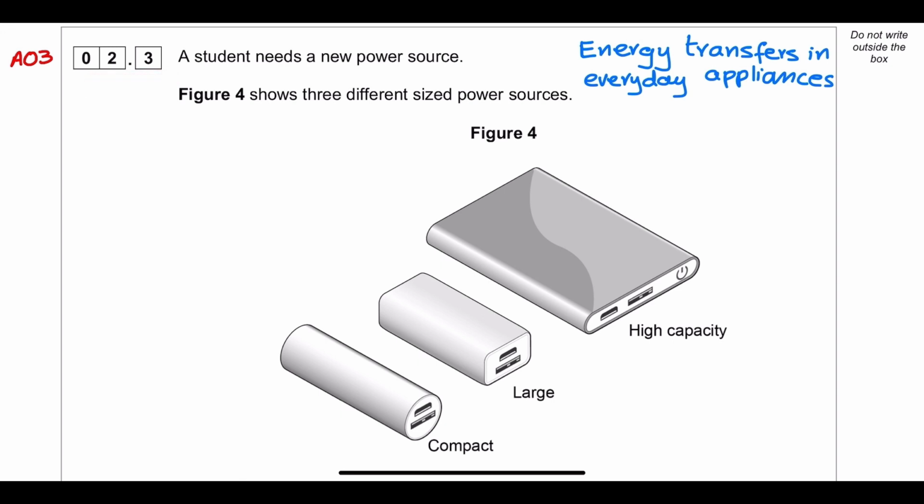2.3 is an AO3 question, and this question is from energy transfers in everyday appliances. A student needs a new power source. Figure number 4 shows three different sized power sources: compact, large, and high capacity.